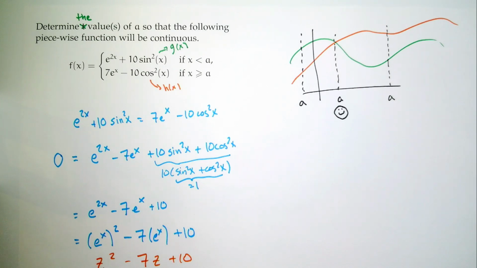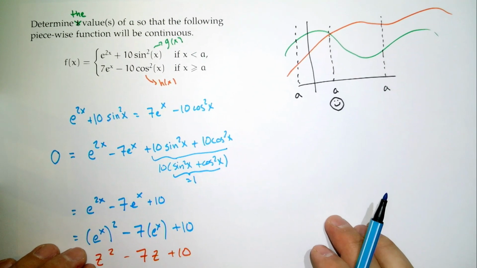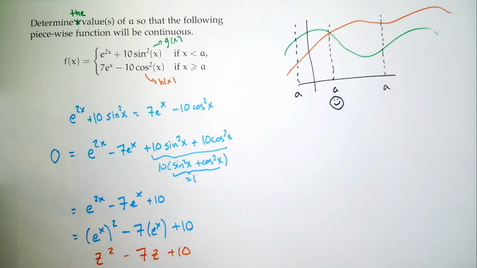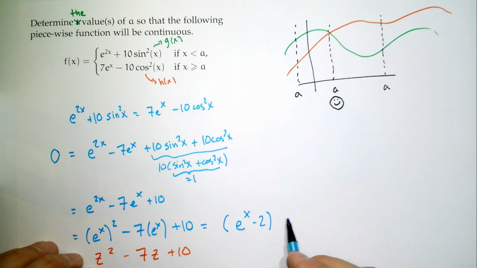All right. Well, if we have a quadratic, what do we hope should be true? That it factors. Well, does z squared minus 7z plus 10 factor? Yeah. What does it factor as? Yeah, so it'd be e to the x minus 2, e to the x minus 5.